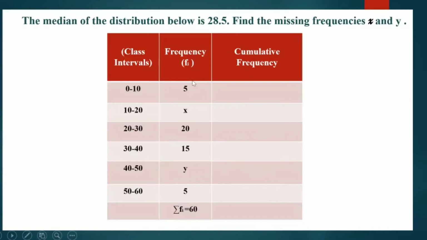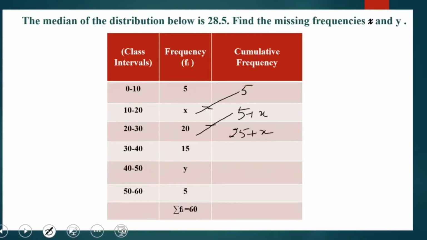Now, to find out the median, I need to first of all know the cumulative frequency. The frequency of the first row remains as 5. For the second row, how much do we get? 5 plus x. Then 5 plus x plus 20, which comes out to be 25 plus x. Then 25 plus x plus 15, which comes out to be 40 plus x.